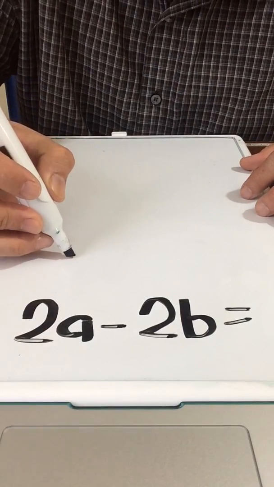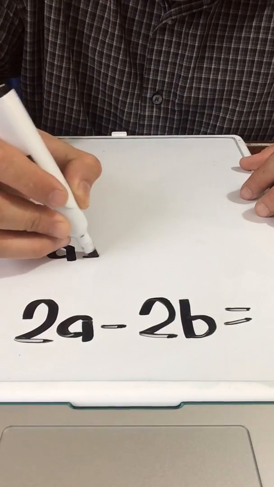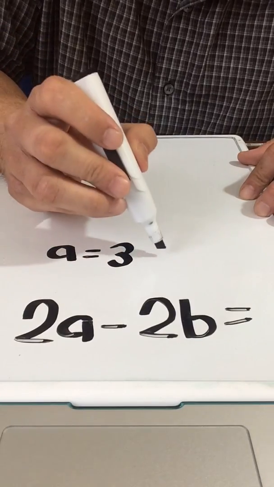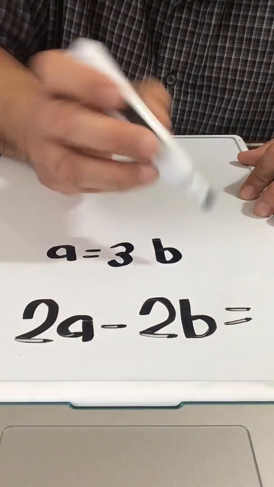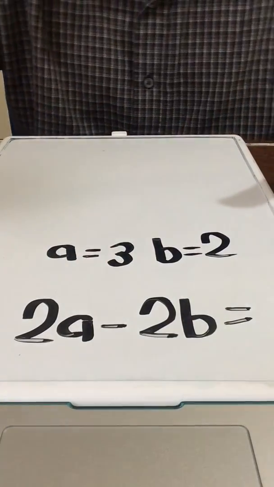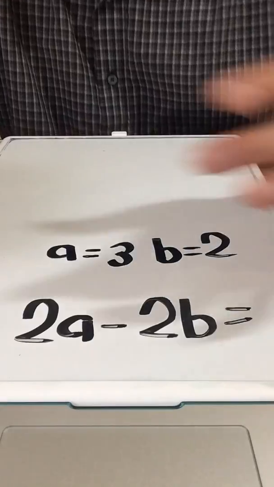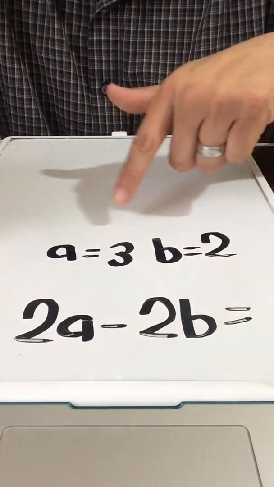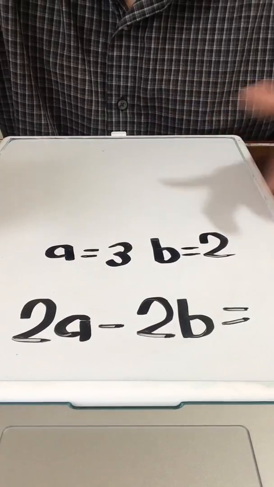So for this one, we'll make the value for A equal 3, and the value for B equal 2. So when you encounter this problem, it'll say solve for 2 alpha minus 2 bravo equals, being that A equals 3 and bravo equals 2.